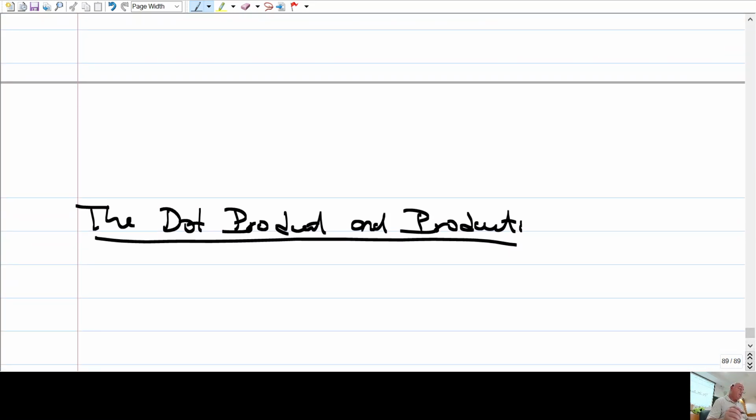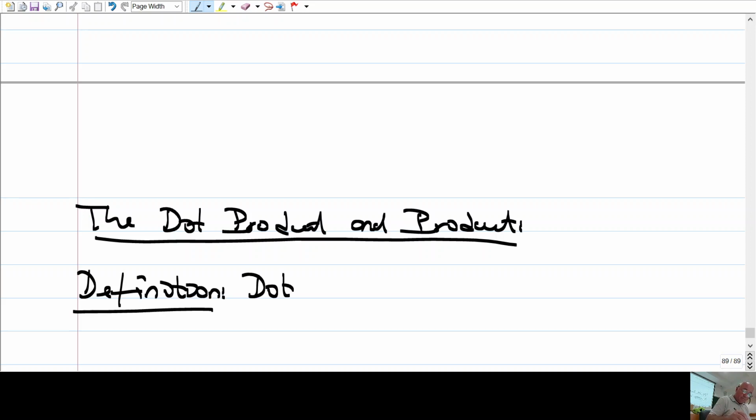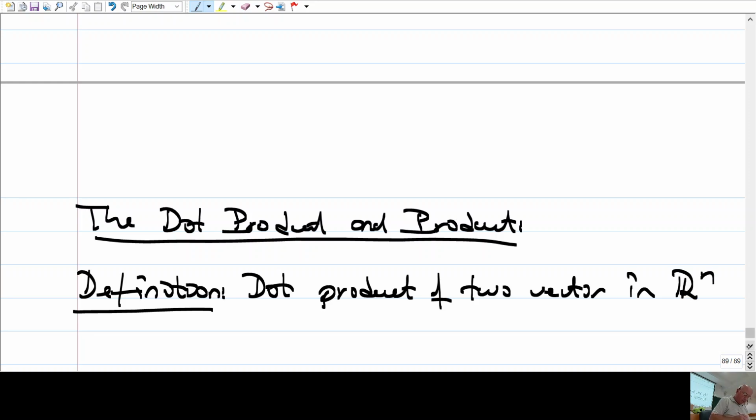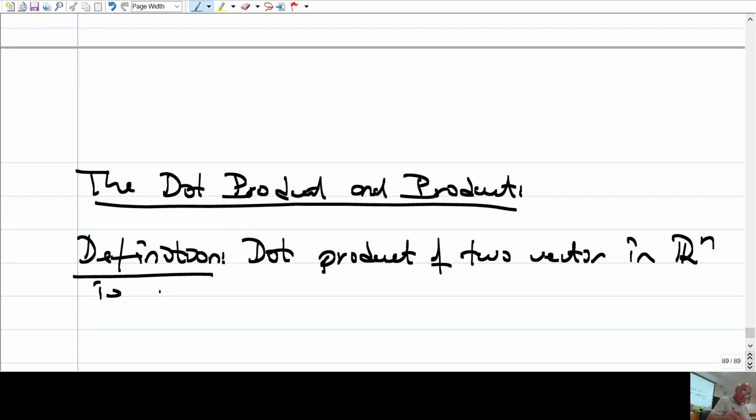Okay, now the dot product of two vectors in R^n is defined by the formula.